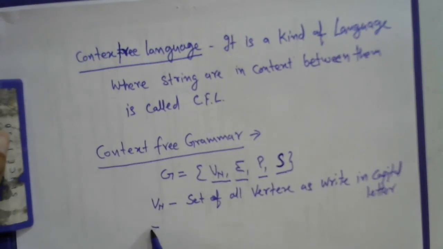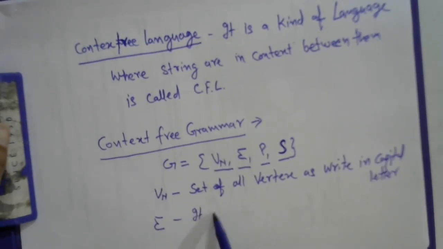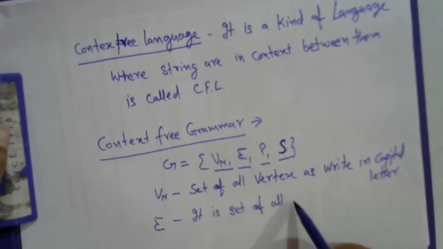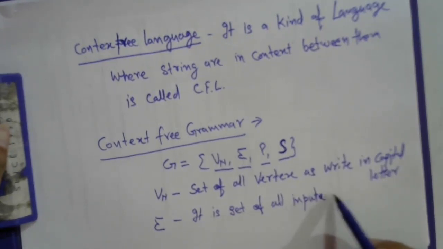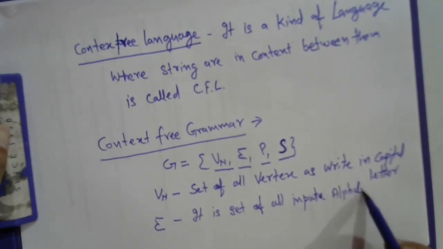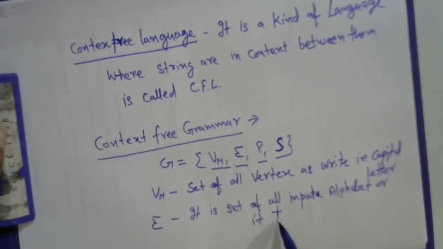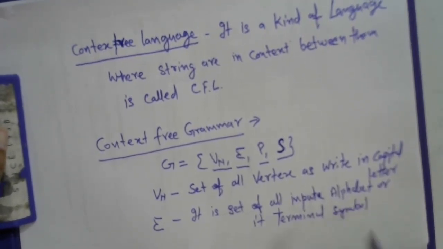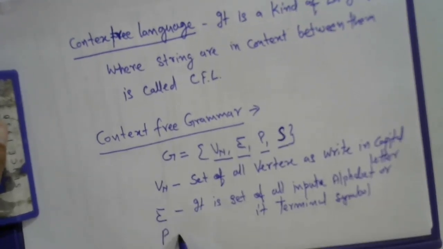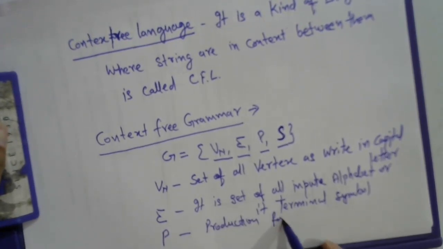And what is sigma? Sigma is a set of all input alphabets, or terminal symbols. P is a set of production rules for the grammar.